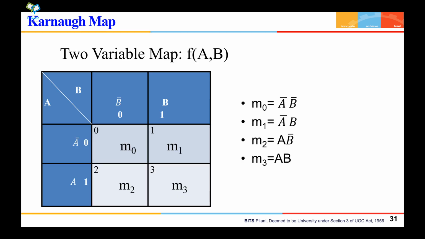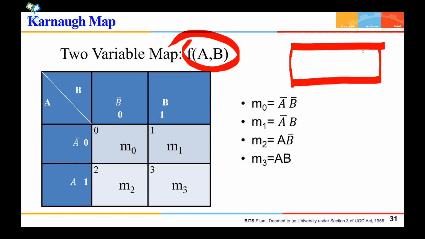Now let us see what exactly is this. This is called as two variable Karnaugh map. Whenever you have a Boolean expression of two variable, the Karnaugh map looks like this, right? So normally it is drawn like this.